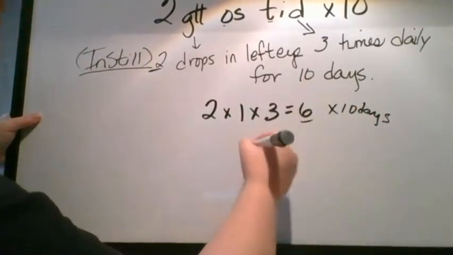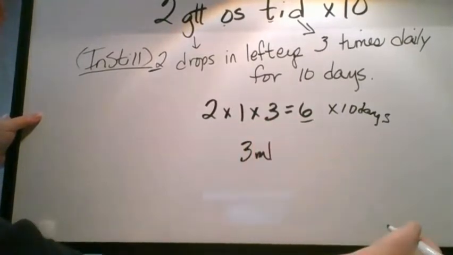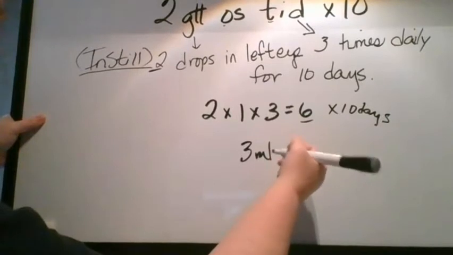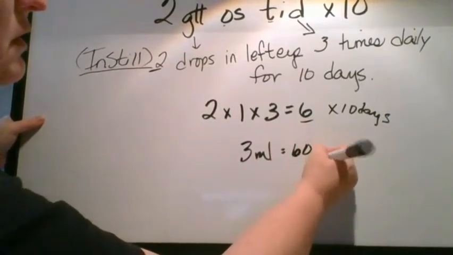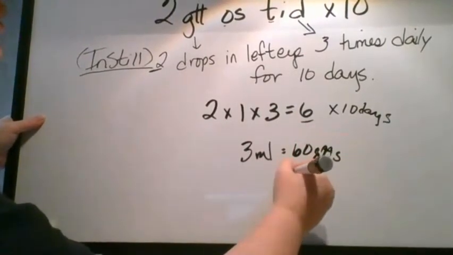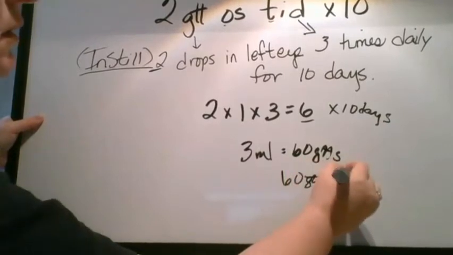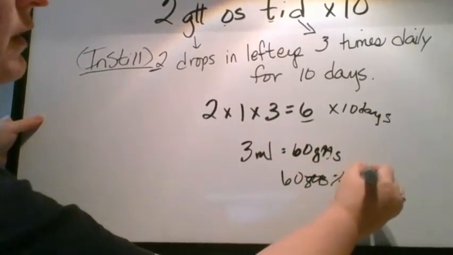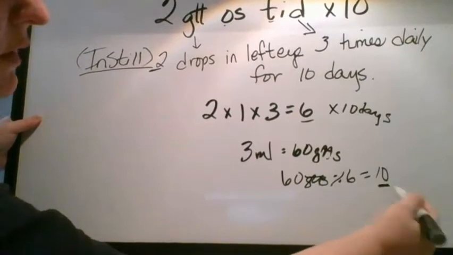This bottle of 3 mLs will last them... 3 mLs is 60 drops. 60 drops divided by 6 is 10. So if they got a 3 ml bottle, it would last them 10 days.